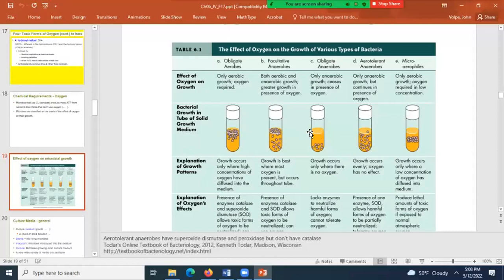So at the top of a thioglycolate tube, you'll have full oxygen, 20, 21%. And as you go down the tube, you have a gradient of oxygen, and the oxygen will decrease until you get to the bottom of the tube, where oxygen will be either nothing or nil.